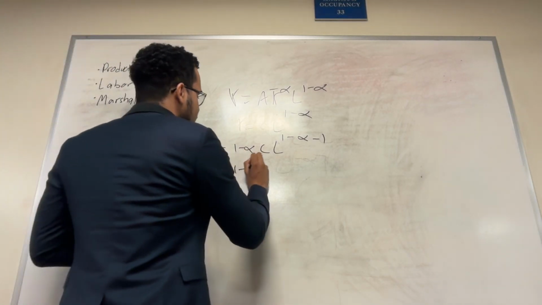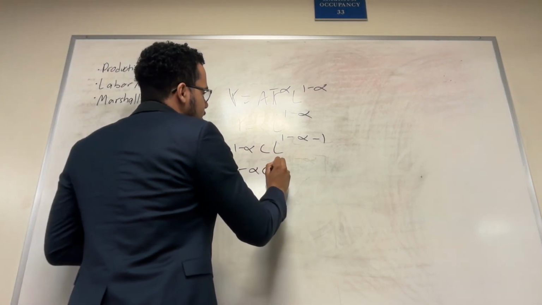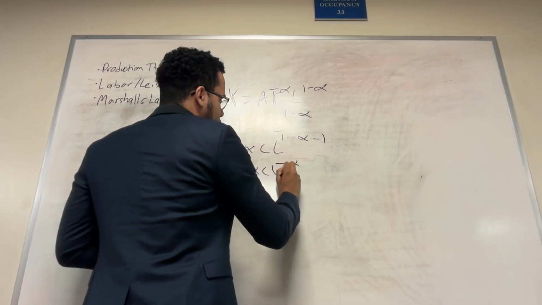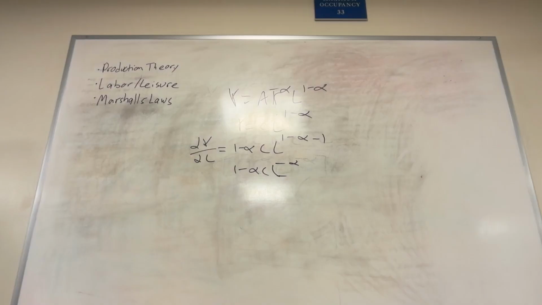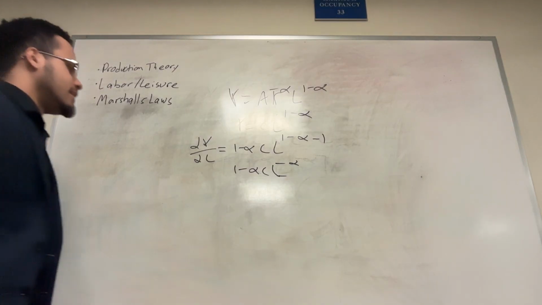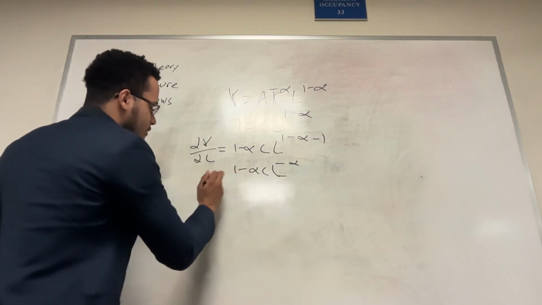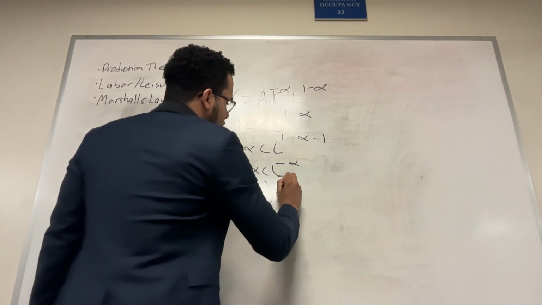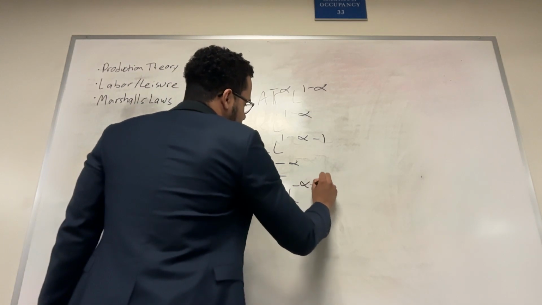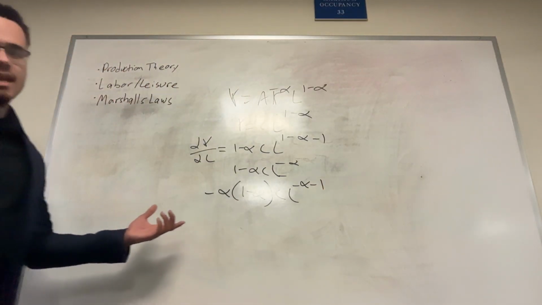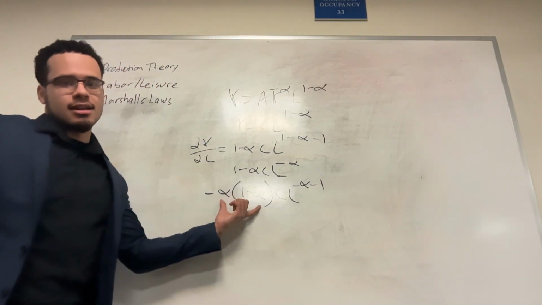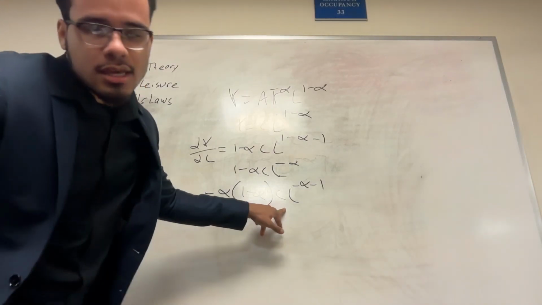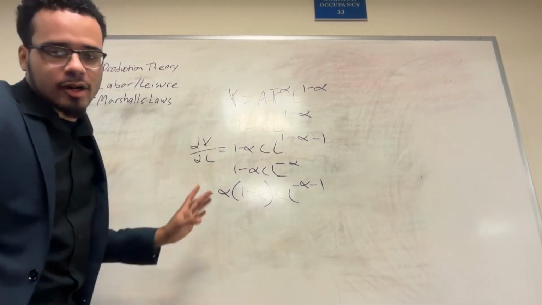And then this simplifies to get 1 minus alpha, C L to the negative alpha, right? And then we essentially move the negative alpha down, so we get negative alpha times 1 minus alpha times C L to the negative alpha minus 1. So essentially, we're taking a negative coefficient, negative alpha times 1 minus alpha, and then we multiply it by the C that we were talking about earlier.